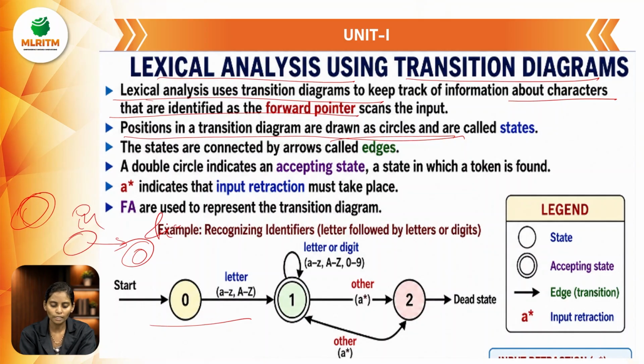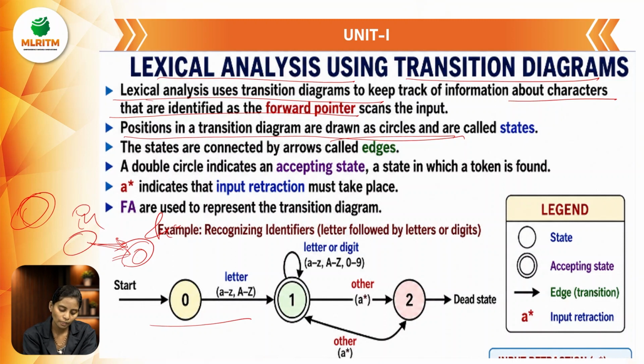Okay, so in order to make a connection between the initial state and a final state, we use an arrow, which we call an edge. And the state which accepts all the inputs is nothing but an accepting state.